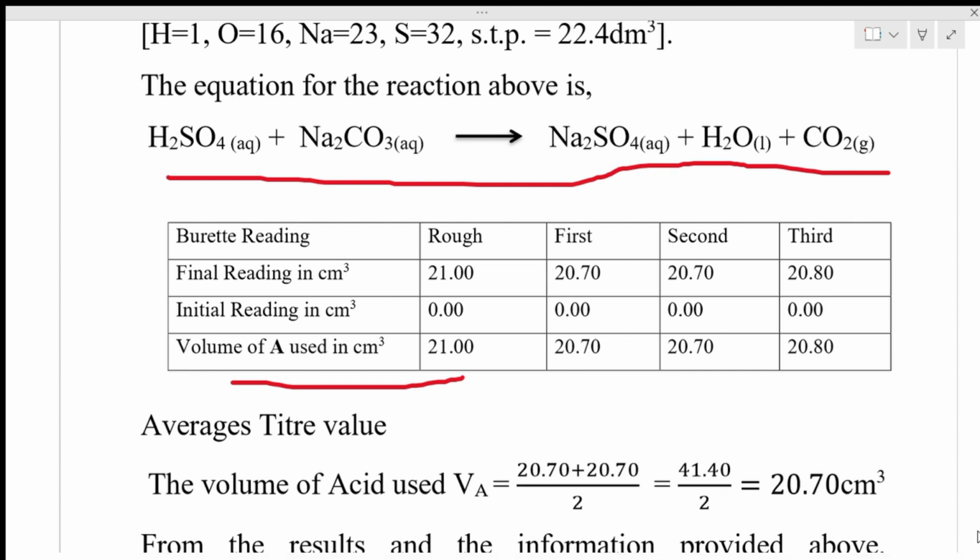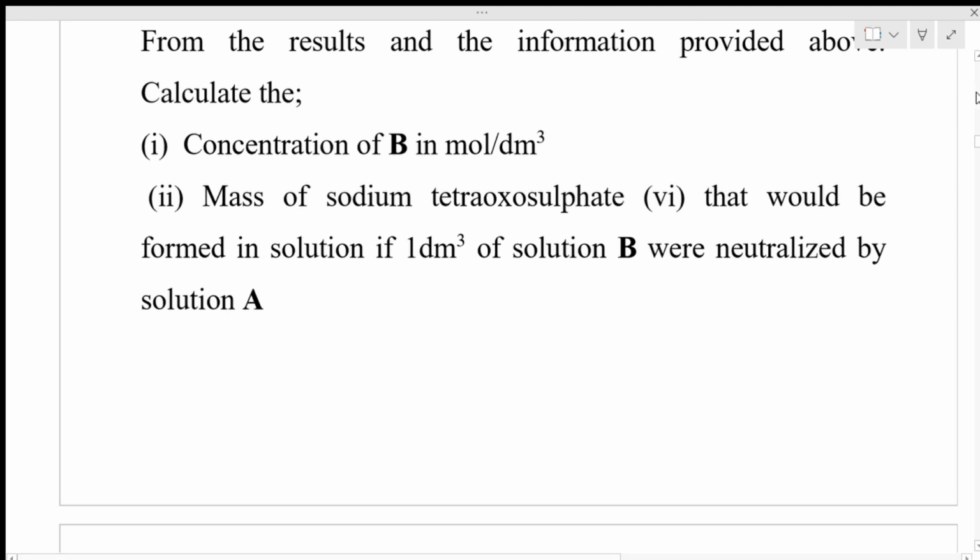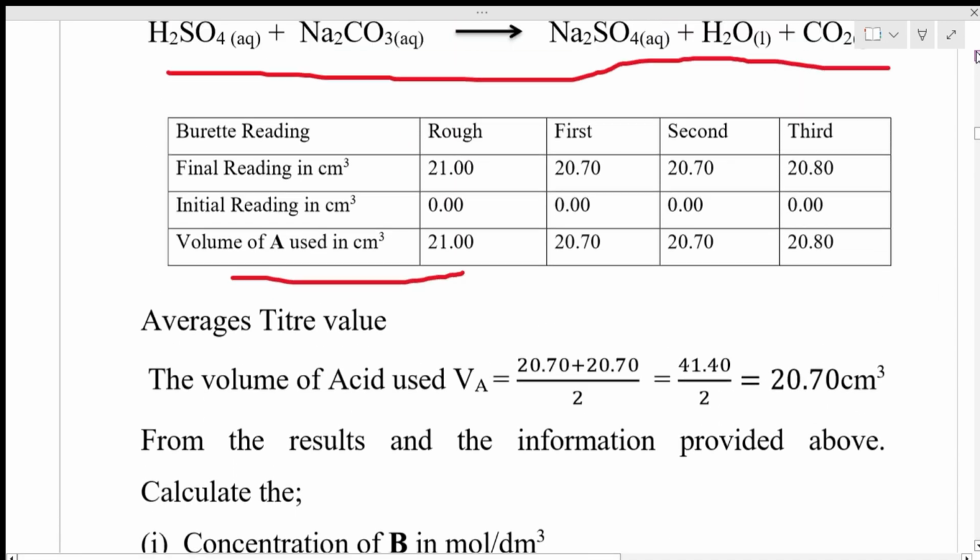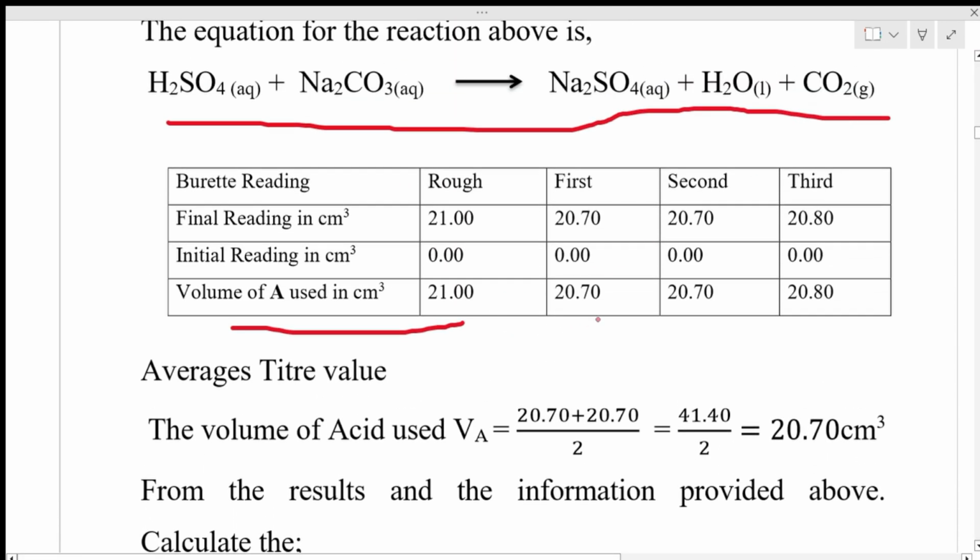Now, I have this here. I'm going to be using 20.7 and 20.7. All right. Now, these two together, I'm going to have this 20.7 plus 20.7, the final value 20.7.